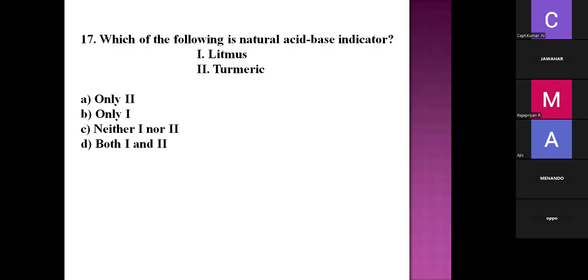Which of the following is a natural acid base indicator? First one, litmus. Second one, turmeric. Option A, only second. Option B, only first. Option C, neither first nor second.